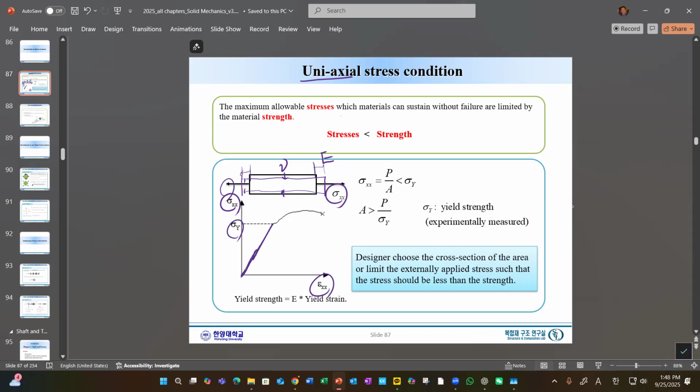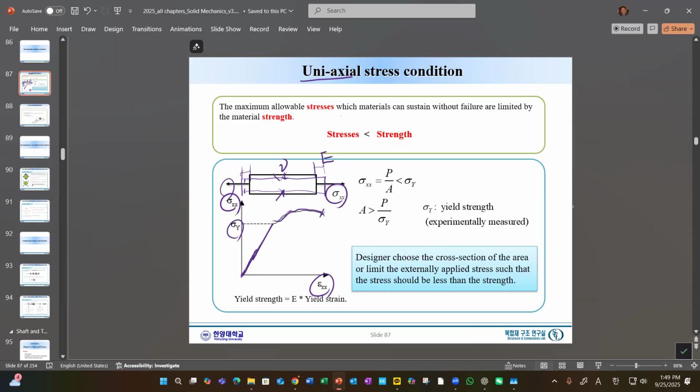This is a point, just to review, where a maximum shear stress occurs, and then the material will start to fail, and then some nonlinearity occurs, and then finally it breaks.